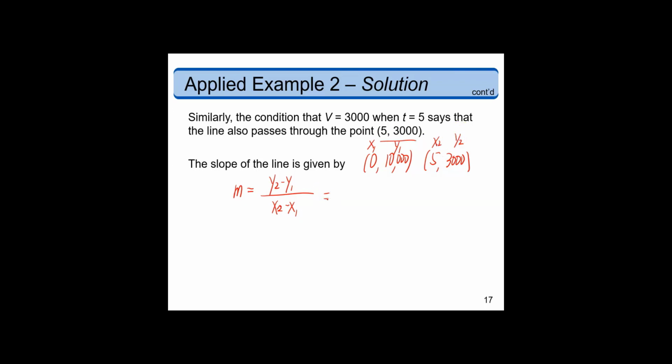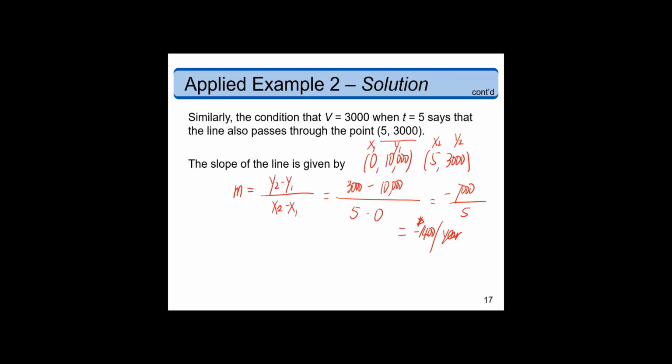Replacing all the variables with the given values, we get 3,000 minus 10,000 divided by 5 minus 0, negative 7,000 on top, divided by 5. So this is negative $1,400. The denominator is years, so it's $1,400 per year.